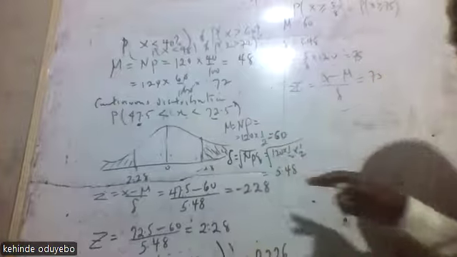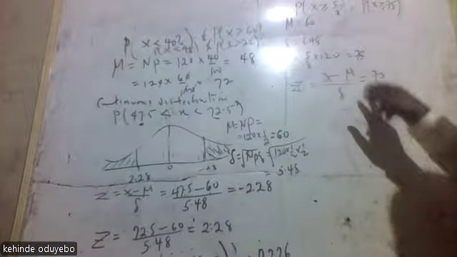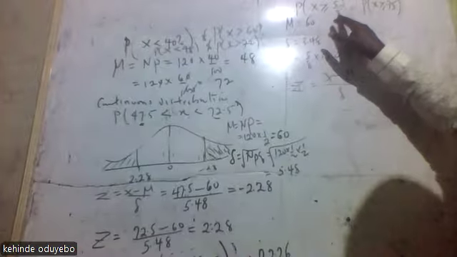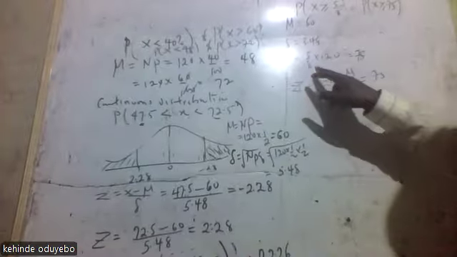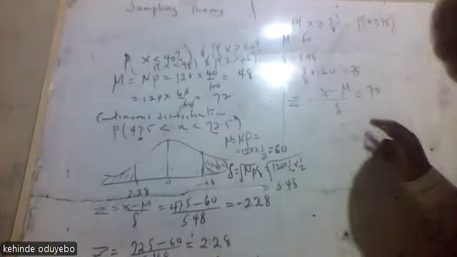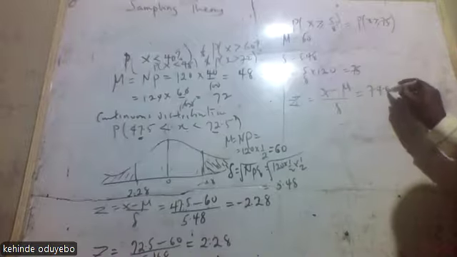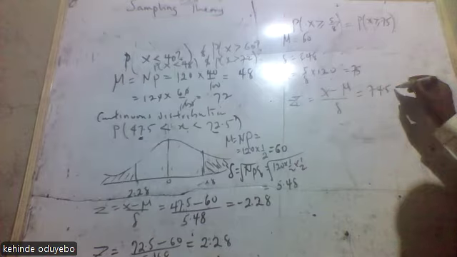The same concept here as well. When it is greater than, you remove 0.5. That's why I'm going to have 74.5, because it's a continuous distribution.